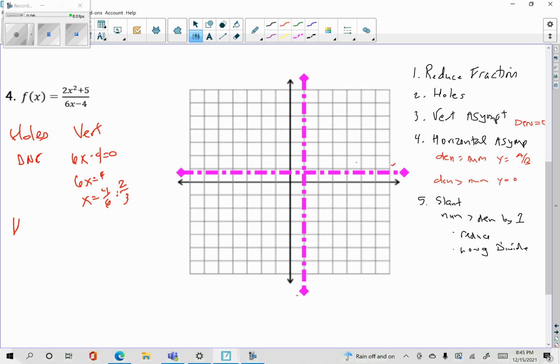All right, well, let's just keep going. Horizontal, right? Top is bigger, so does not exist.